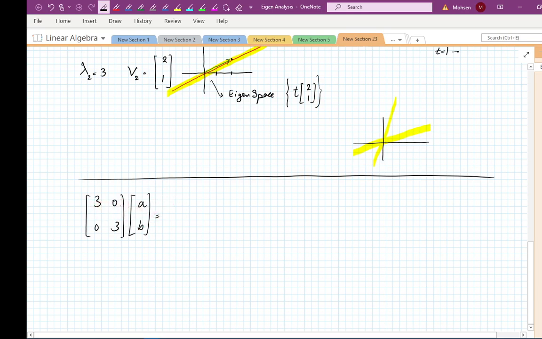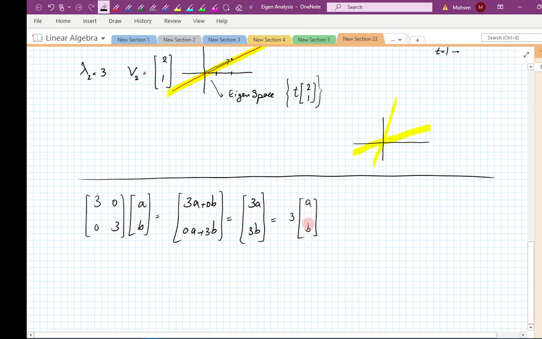So multiply (3, 0; 0, 3) with (a, b). What do you get? You get 3a plus 0b, and 0a plus 3b. Well, any civilized person is going to clean this up and write (3a, 3b). And that civilized person is going to see that this is just 3 times whatever I had to begin with.